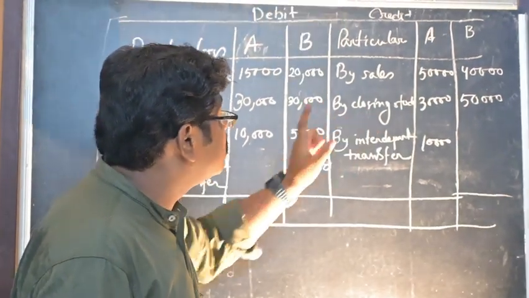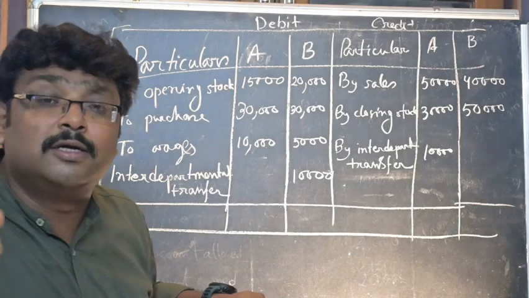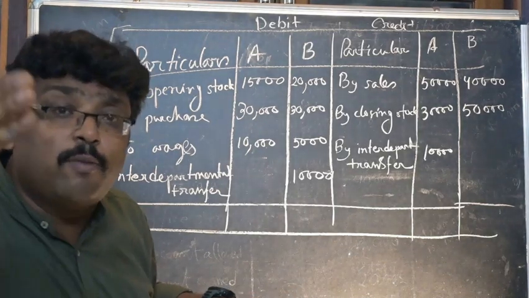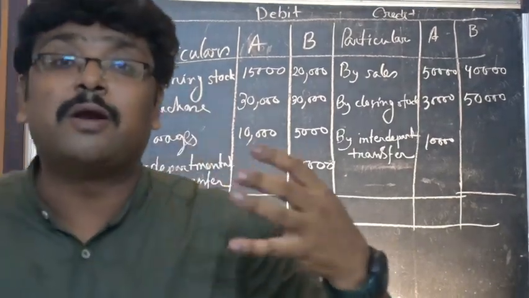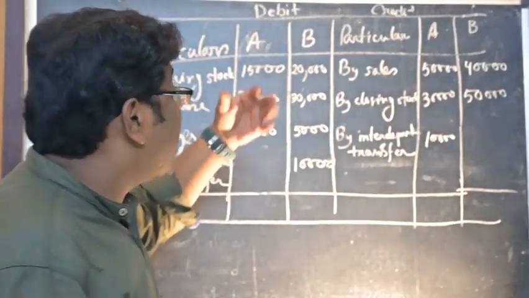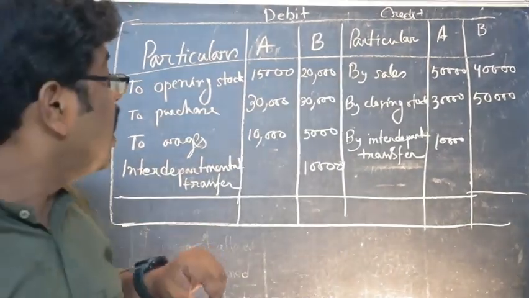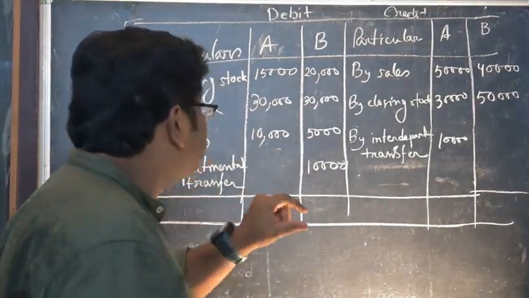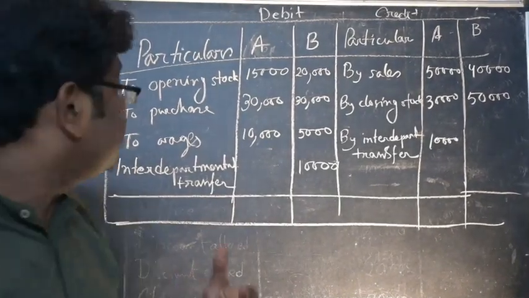The closing stock mentioned in the problem for department A is 30,000 and for department B is 50,000, and I have put this information on the credit side.